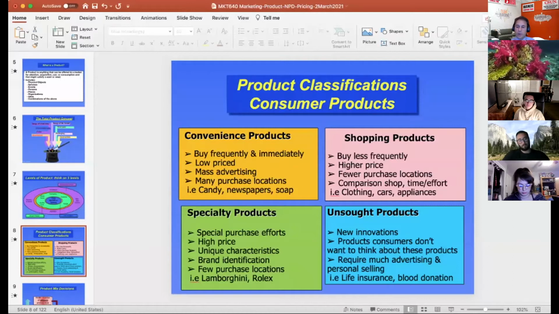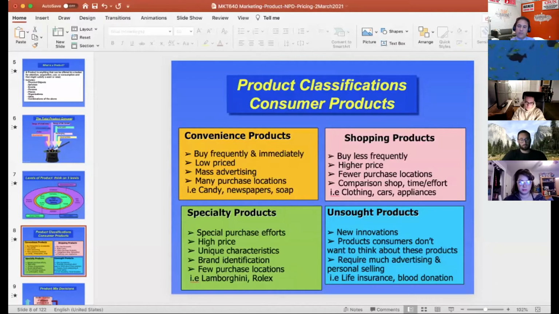Then the specialty product is even more exclusive and expensive than the shopping product. There are not many places. In fact, there could be several places, but there's only one that you would consider where you would buy this product. And you can only think of 1 or 2 brands, and the other ones you're not really attached to.